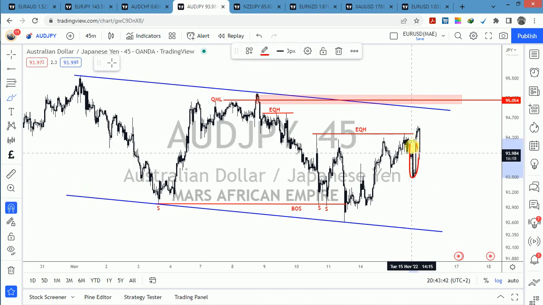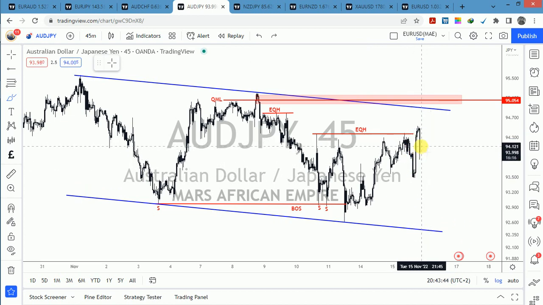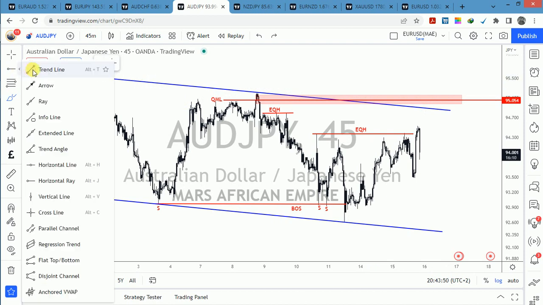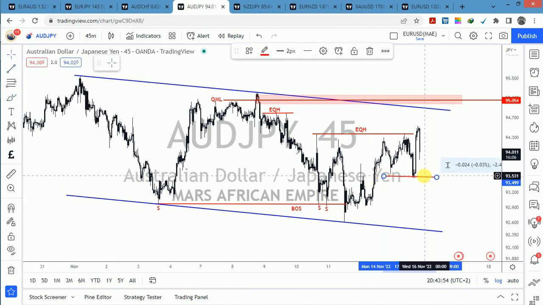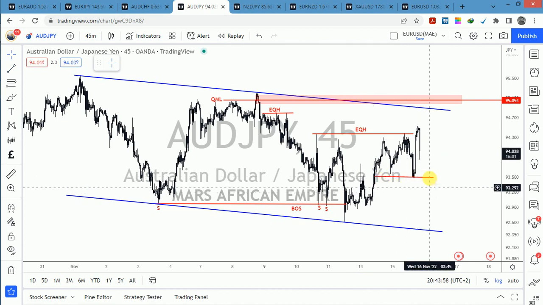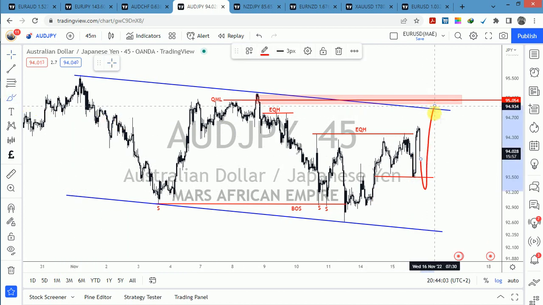I don't know if there was some fundamental thing that happened there, but it's taking out that imbalance, and then that's when it can continue to go up. And then I can see there is some sort of equal lows here, so there is a possibility for this pair to take out the equal lows before it can continue to go up.